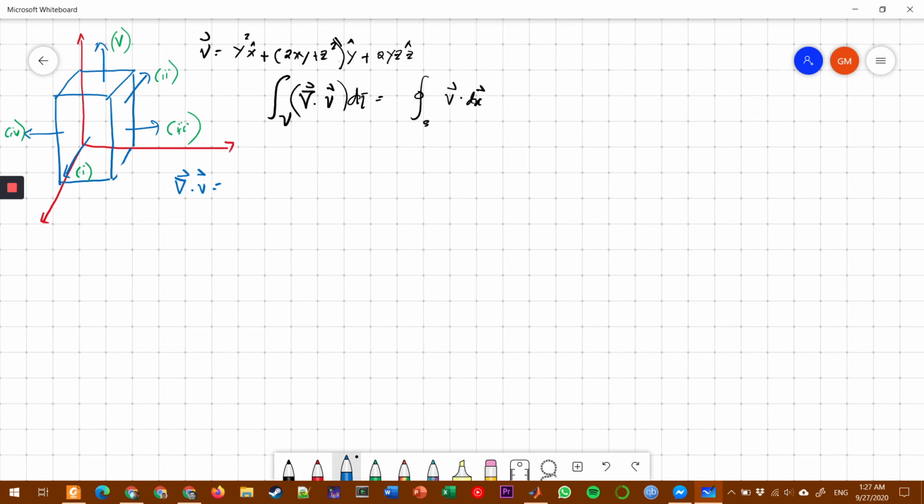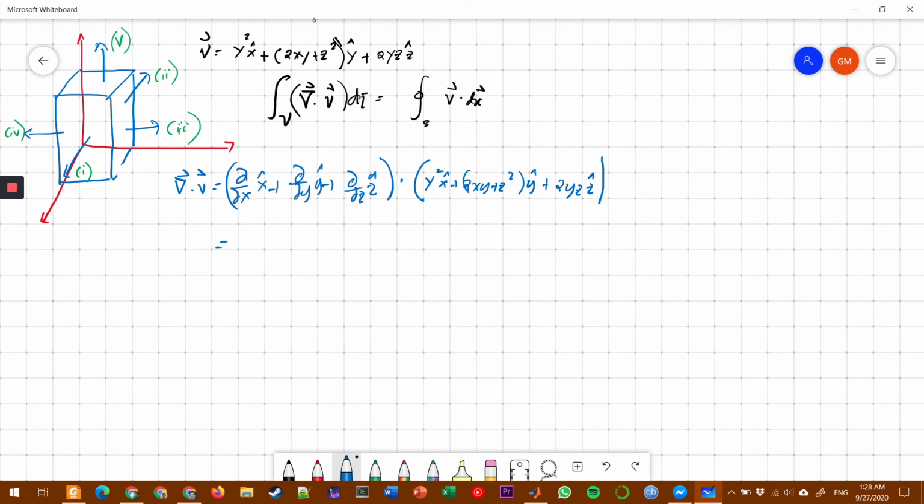So actually if you write it, it's d/dx x hat plus d/dy y hat plus d/dz z hat, then dot with the vector function y squared x hat plus 2xy plus z squared y hat plus 2yz hat.